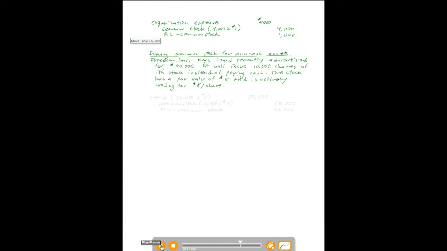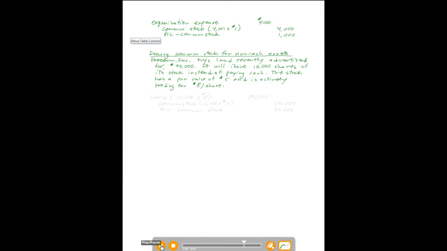The stock that it's going to issue has a par value of $5 and is actively being traded for $8 a share. So there's a little conundrum here. $8 times 10,000 shares means that they're paying $80,000 for the stock, or for the land. But it was advertised for 90.